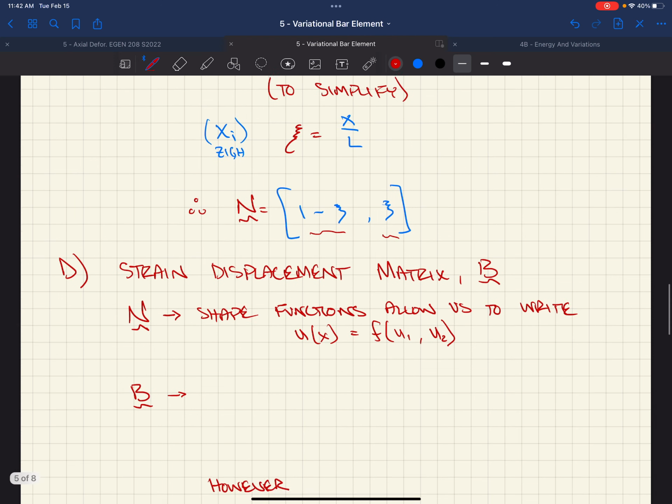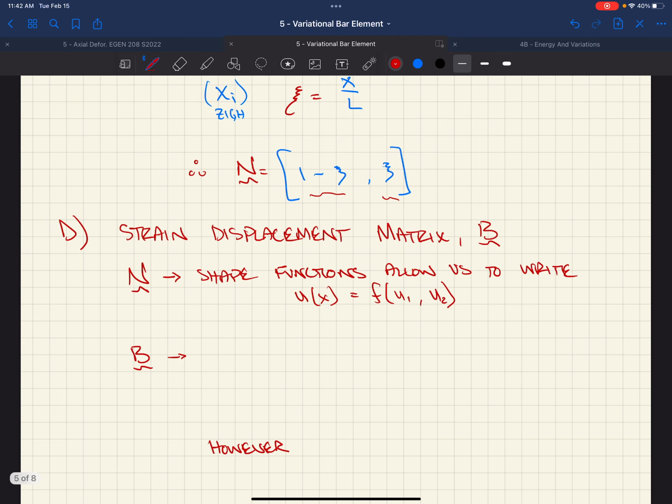Well, our strain displacement matrix, B, allows us, as you can imagine, to write our strain of x as a function of our nodal values.